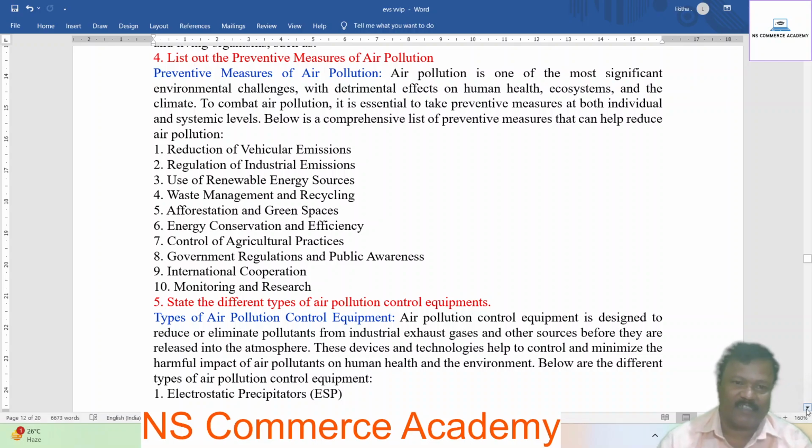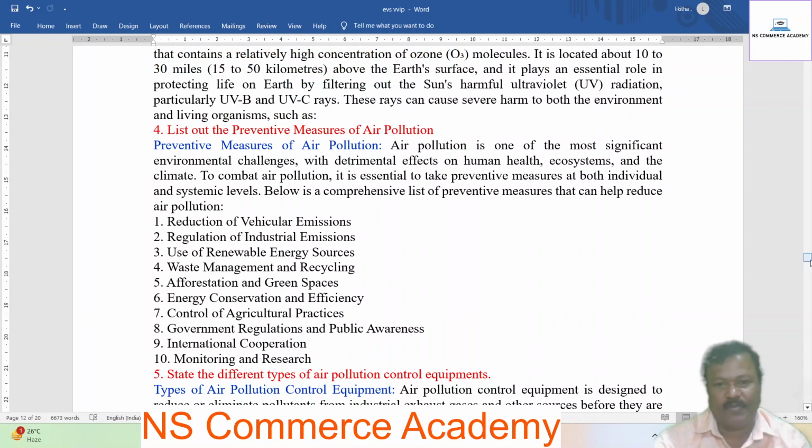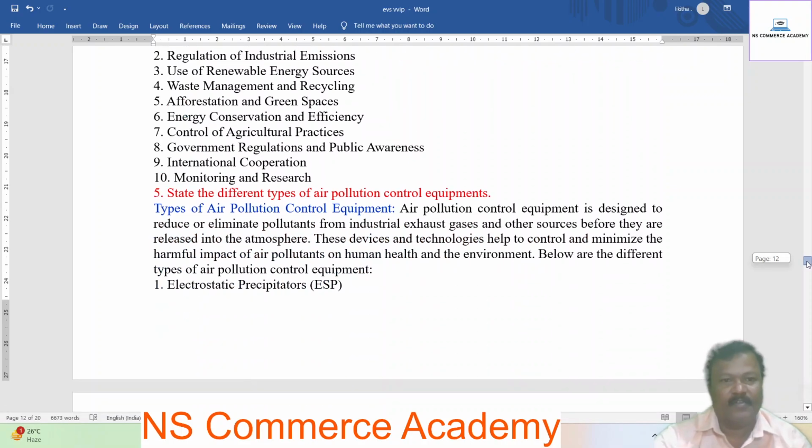Fifth question: state the different types of pollution control equipment. Air pollution control equipment is designed to reduce or eliminate pollutants from industrial exhaust gases and other sources before they are released into the atmosphere. These devices and technologies help to control and minimize the harmful effect of air pollutants on health and the environment. Below are the different types of air pollution controls.